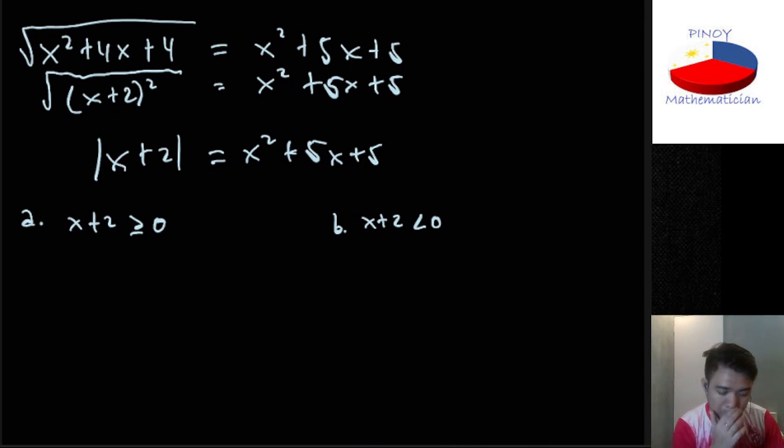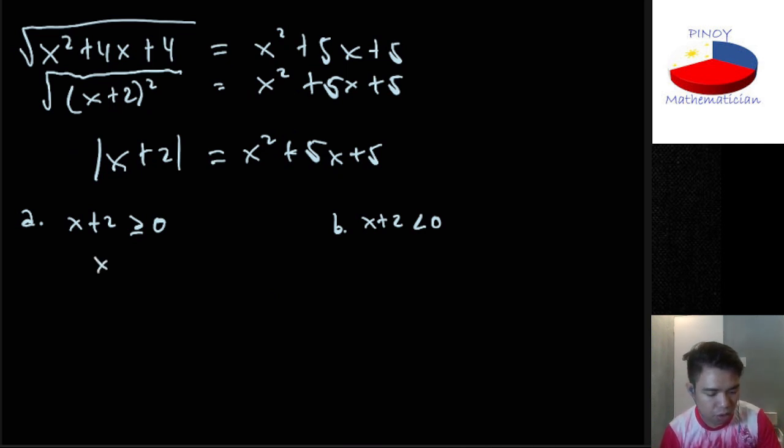Either positive or negative, the result is the same because it's absolute value. Any number put in absolute value will always give a positive answer. That's basically the idea of absolute value.